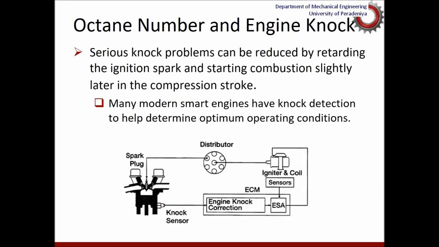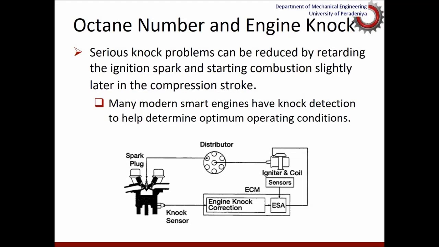And in practical engines, mostly modern engines fitted with microprocessor based control systems are fitted with a feedback system to decide the spark timing, or knock limited spark timing. That is, as I said earlier, a small compromise of MBT spark timing.